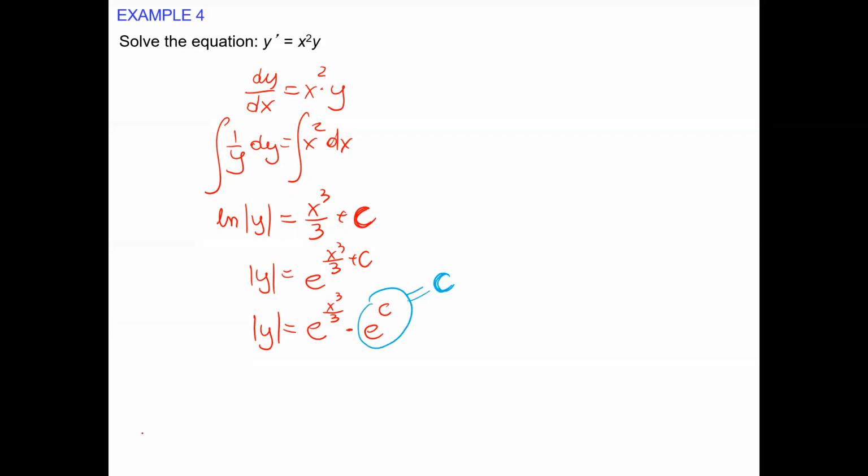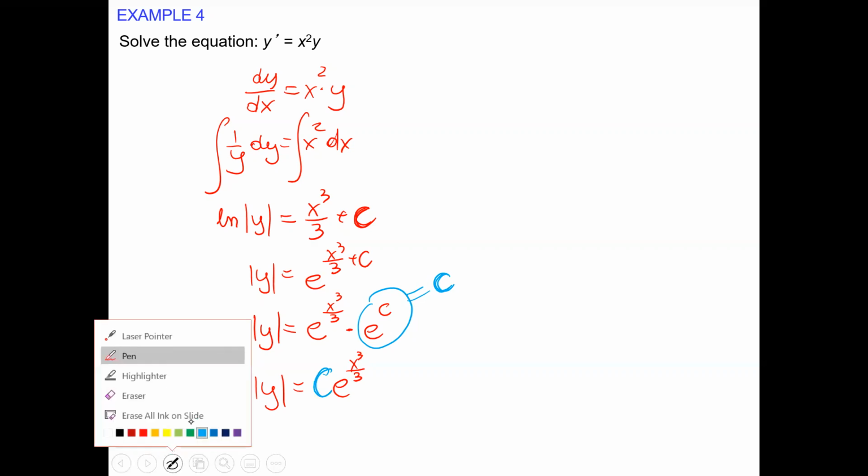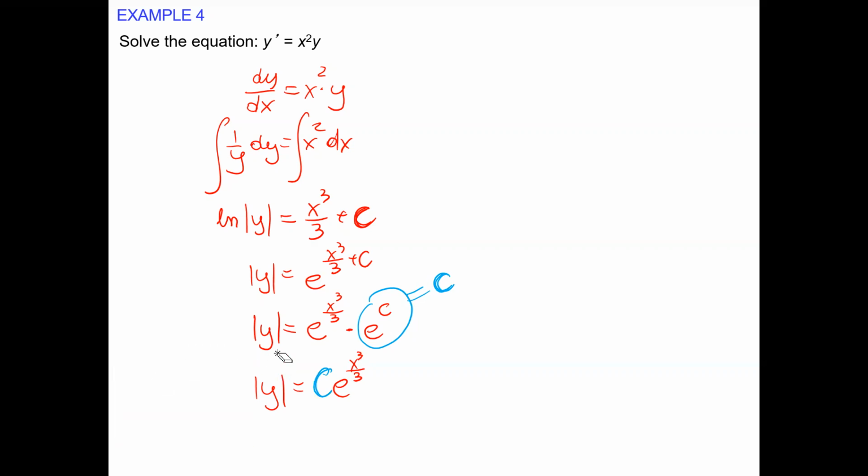That's when we have this equation as e to the power of x cubed over 3 times the constant c. And now, the quantity inside the absolute value could be positive or negative. Because c could be positive or negative, we can say this is the solution. It's just an exponential function, exponential model, e to the x cubed over 3 and some constant.